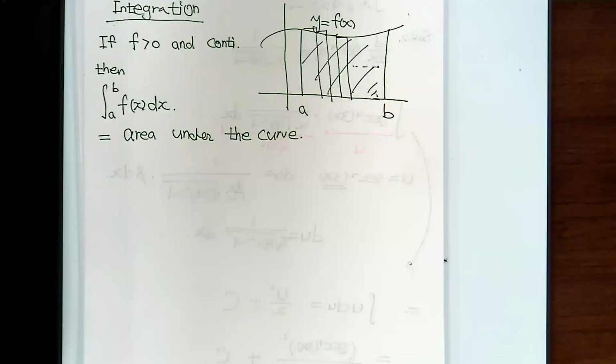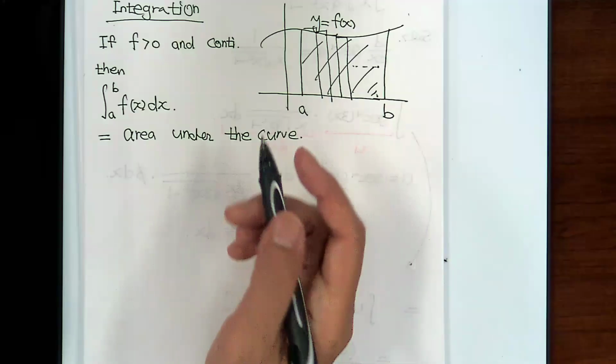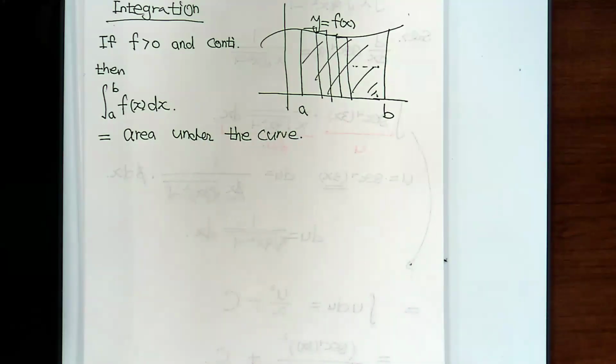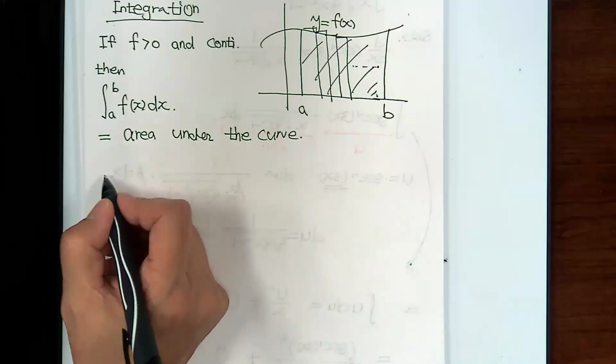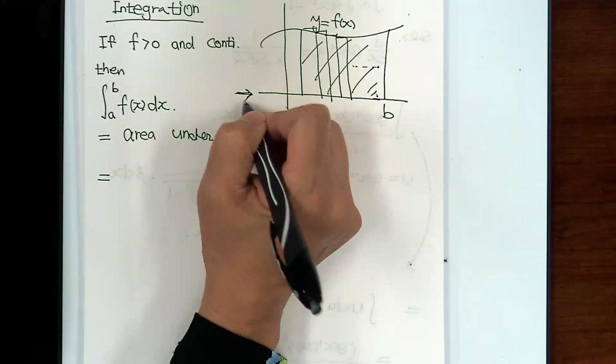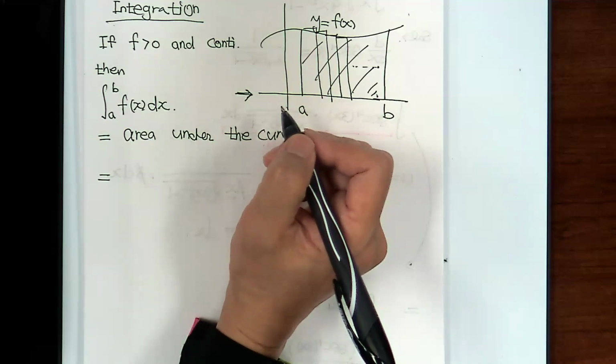The reason I'm talking about that again is we want to extend the notion. So to extend the notion of area under the curve to area between curves, we will regard this x-axis as a constant function.